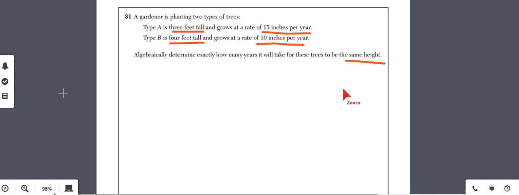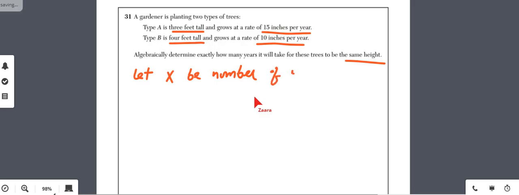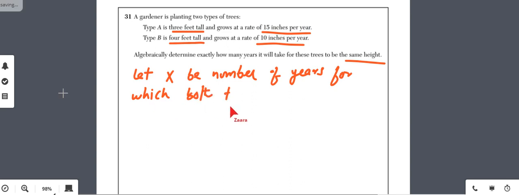Let's assume first: let x be the number of years at which both trees have the same height.